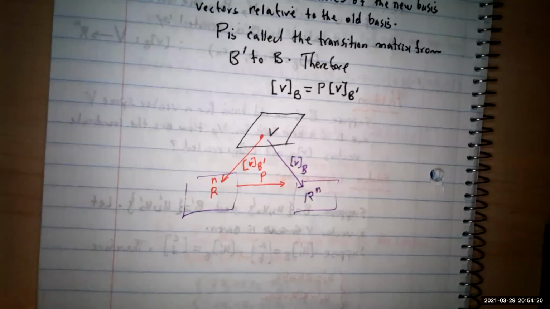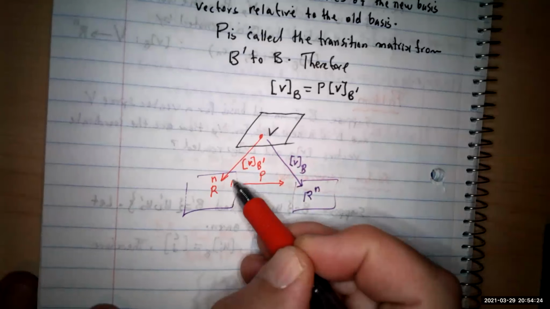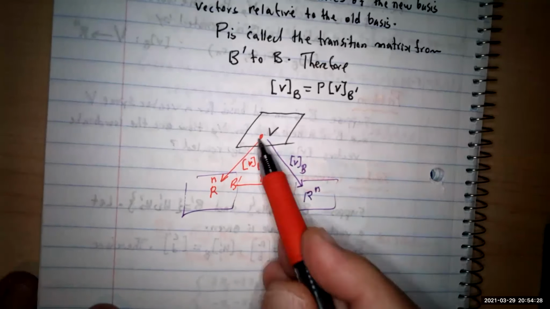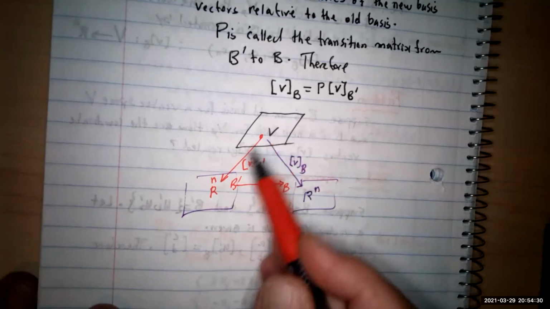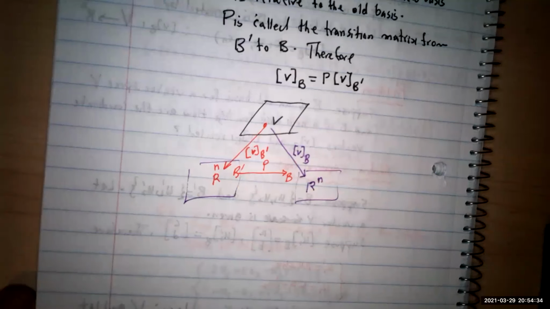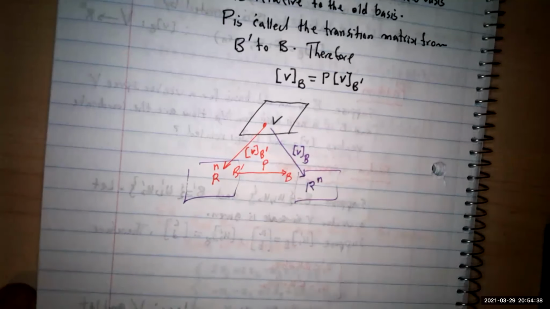Okay, so this P is going to be a function, for example, from B prime to the B, if you like. So you have a kind of a triangle, we call it a diagram, when we're dealing with this composition of functions. This diagram is going to be in this format.